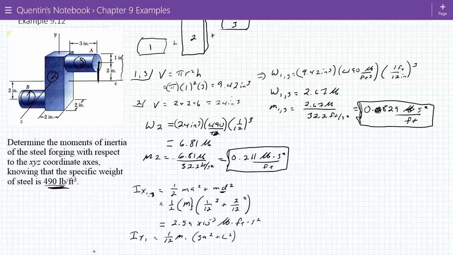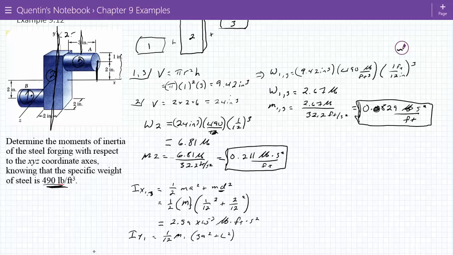And so what are we moving? This is relative to the y-axis. So relative to this axis, see if I can draw this clearly. Relative to this axis, how far away is the centroid of these points? Well, you can actually go through and figure out if this is 3 inches and this ends up being 1 inch. So this ends up being, up to this point right here, 2.5 from there to there.